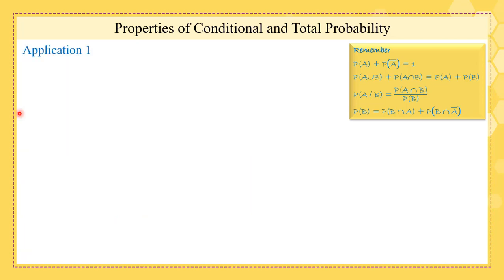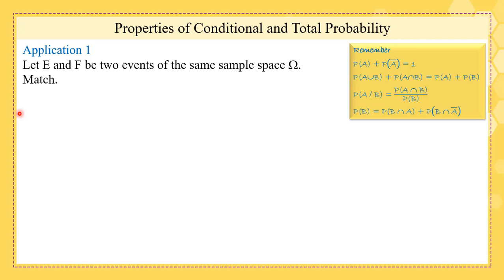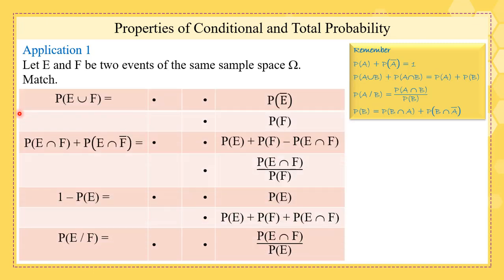Now let's see this application. E and F are two events of the same sample space. We need to match. Try to think about the probability of E union F among these properties. So it's very clear that it's P of E plus P of F minus P of E intersection F. Now try to find the second rule.